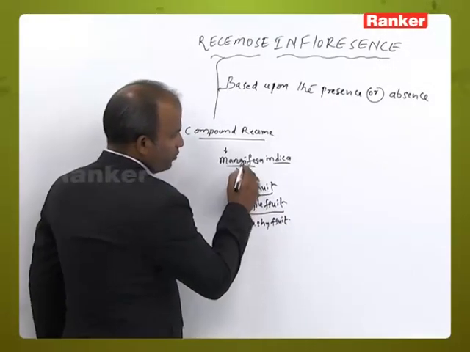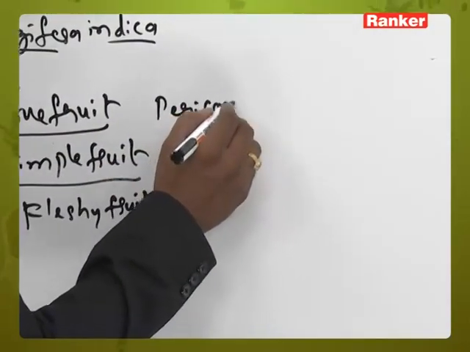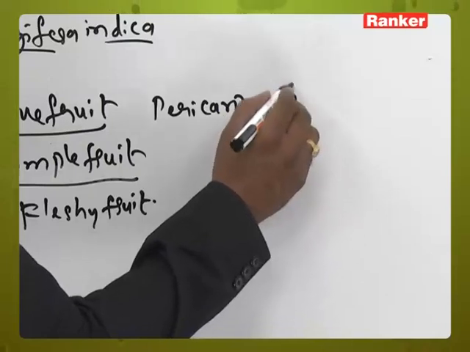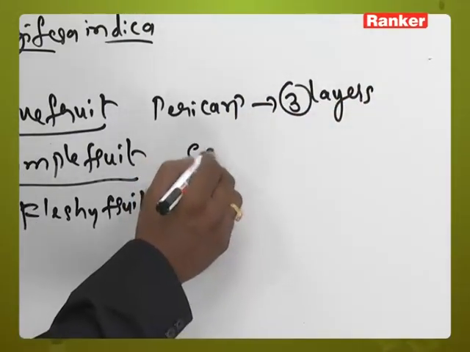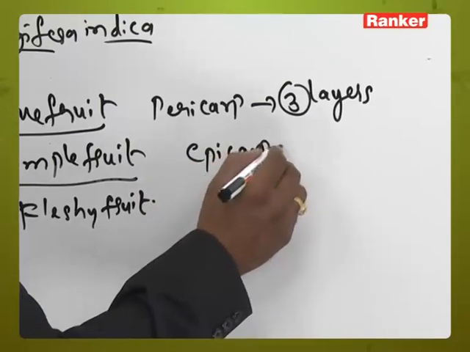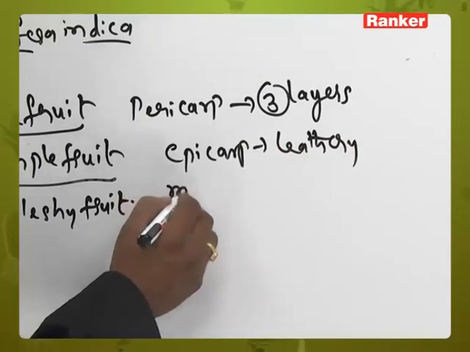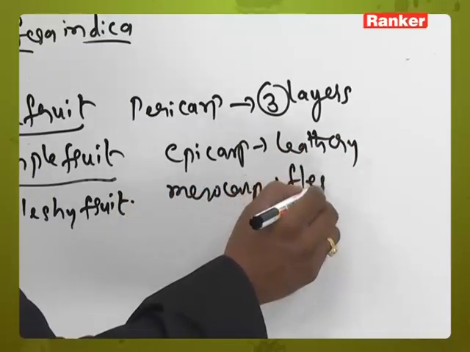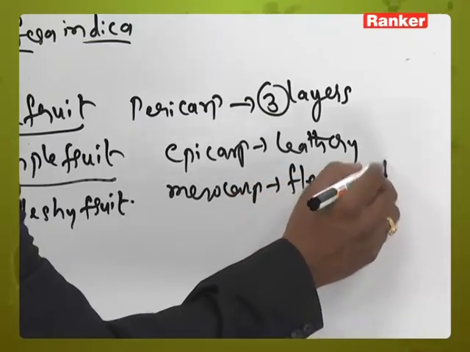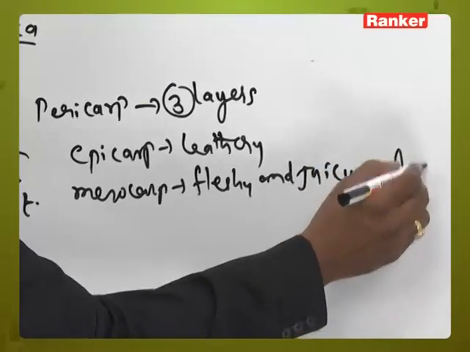In this true fruit Mangifera indica, the pericarp is differentiated into how many layers? 3 layers. One, the epicarp, which is leathery. Second, the mesocarp, which is fleshy and juicy, and it is the edible portion.